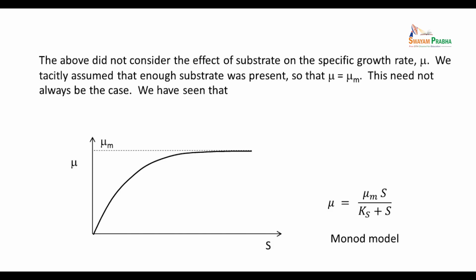And we have seen this. This is the mathematical representation of the variation, the Monod model of mu's variation with S. The specific growth rate is mu m times S by Ks plus S. This variation would affect the growth rate, and therefore ultimately affect the time it takes to achieve a certain cell concentration in batch, if it is possible.